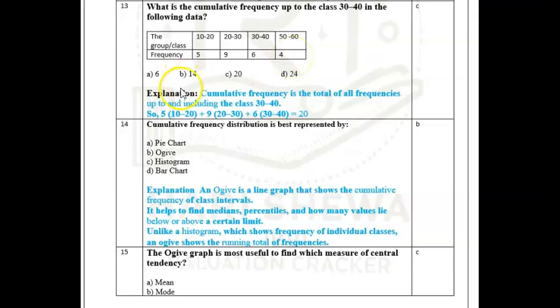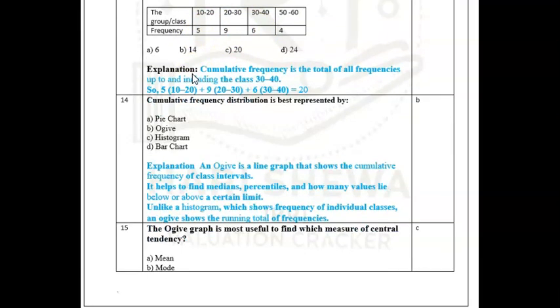So the cumulative frequency will add up. 5 is the cumulative frequency of 10 to 20. 20 to 30 cumulative frequency is 5 plus 9, 14. Up to 30 to 40, it will add 6 also. So the cumulative frequency of the 30 to 40 class is 5 plus 9 plus 6. The answer will be 20. D is the answer.